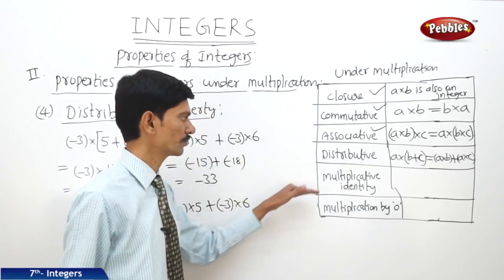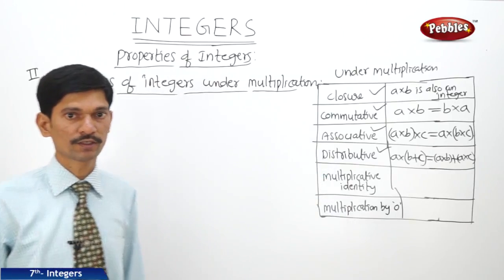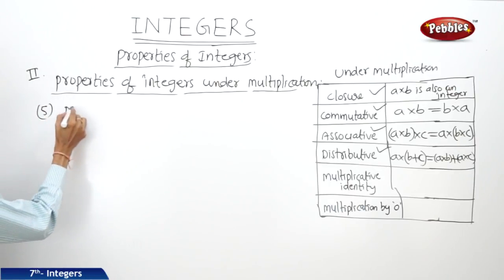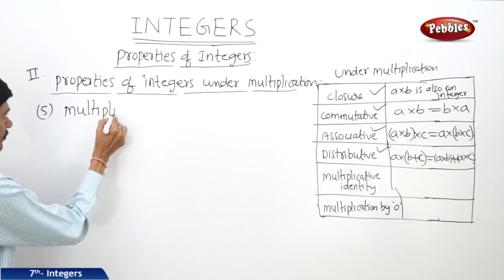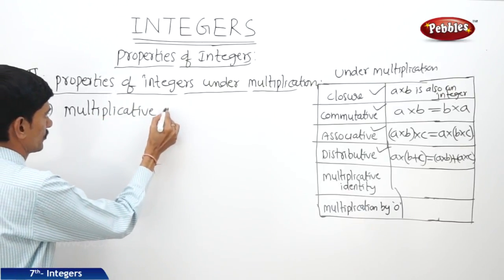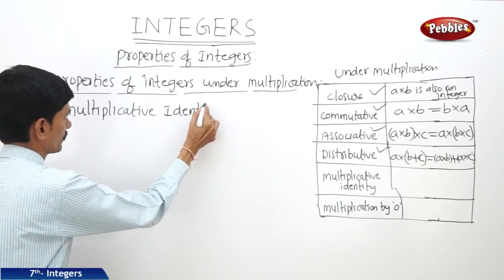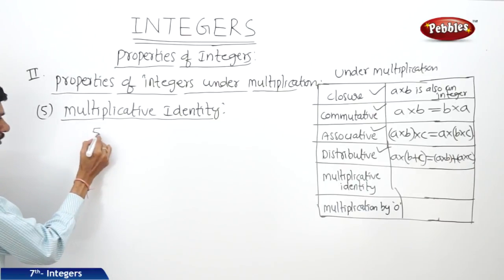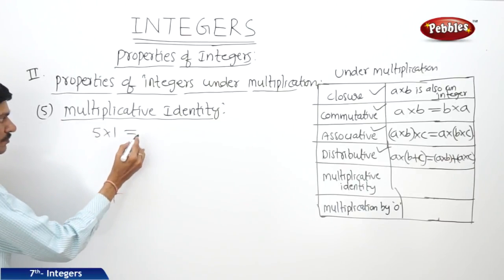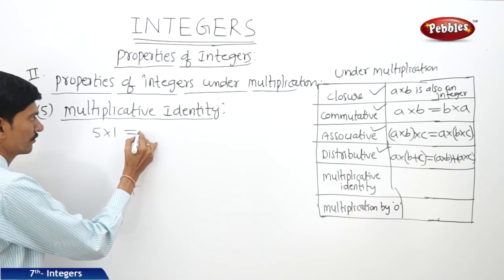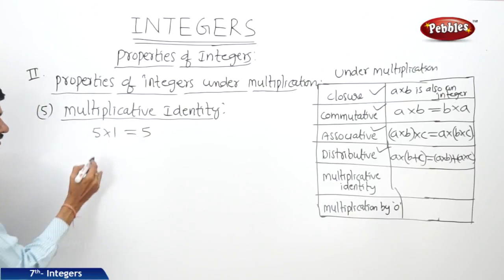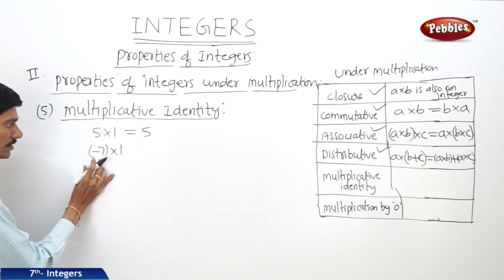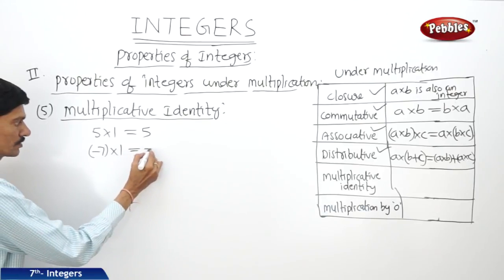Now the next one is multiplicative identity. If you multiply any integer by 1, then we get the product as the same integer itself. That is, 5 into 1 equals 5. If you multiply any other integer, minus 7, by 1, we get the product as minus 7.